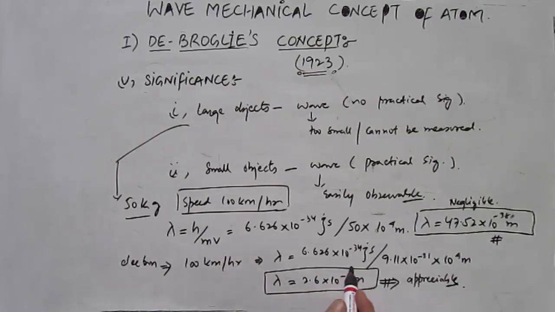So from these two examples we conclude that a macroscopic object moving at the same speed as an electron has a very small and negligible de Broglie wavelength, whereas it is appreciable in the case of an electron, which is a microscopic object. Hence, de Broglie's relationship is valid only in the case of microscopic particles, but not macroscopic particles. I think that pretty much clears de Broglie's concept of the wave mechanical model of an atom.